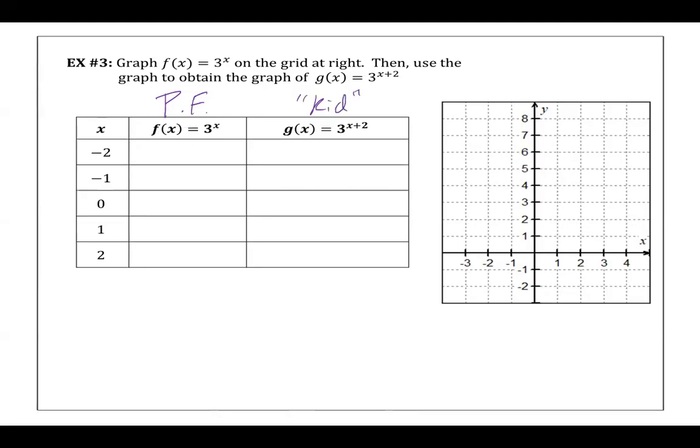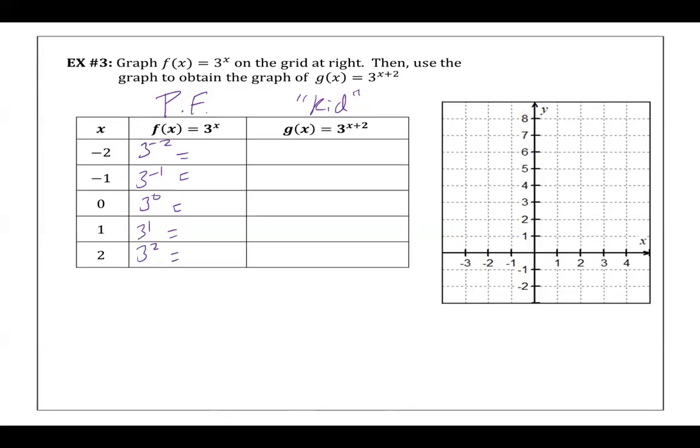So for our parent function, we're going to fill in our initial values. The initial values are just simply 3 to the negative 2, 3 to the negative 1, 3 to the 0, so on and so forth, right? I'm going to write it out so that you can see what I mean. Okay, 3 to the negative 2.